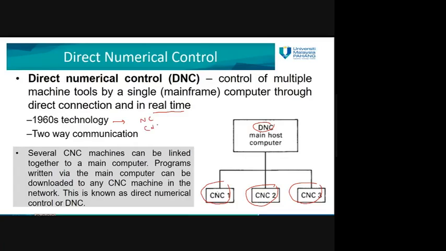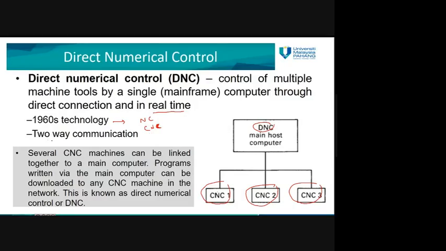Then the CNC machines, the old version or the conventional CNC machine that they started with, not the most recent one. Because for the current CNC machines, they use another type of control for networking. We are going to see that.